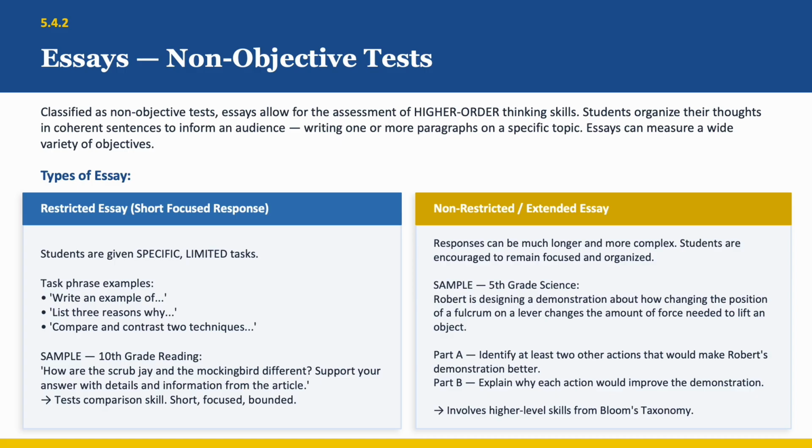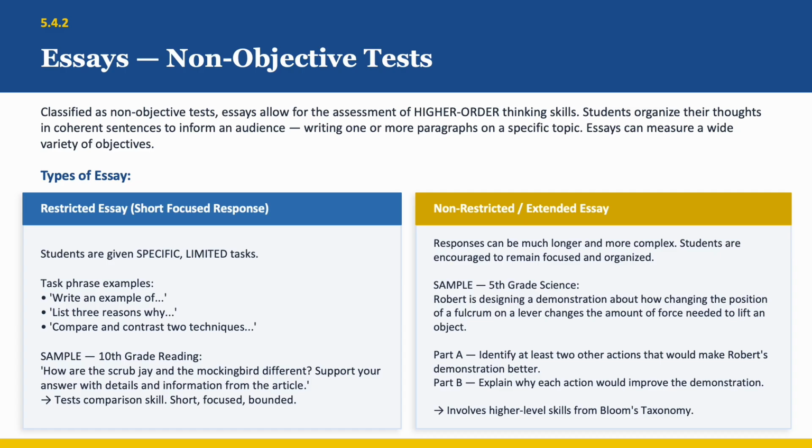Now, there are two main types of essays. The first is the restricted or short essay, and the other is the non-restricted or extended essay. Let's explain the restricted essay. Here, students are given a very specific, limited task. Example: write an example of something. List 3 reasons why something happens.